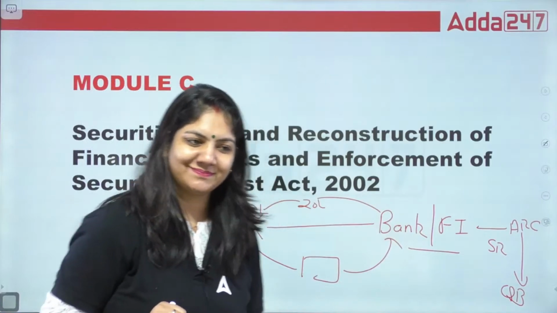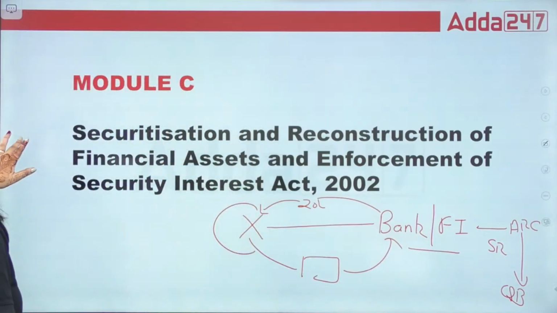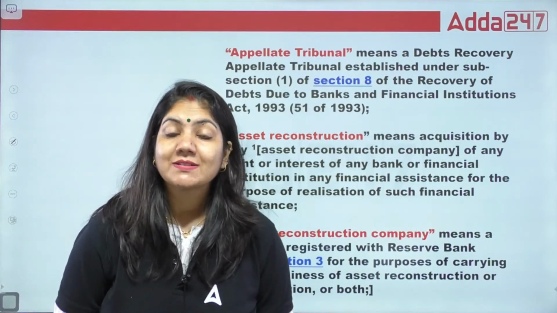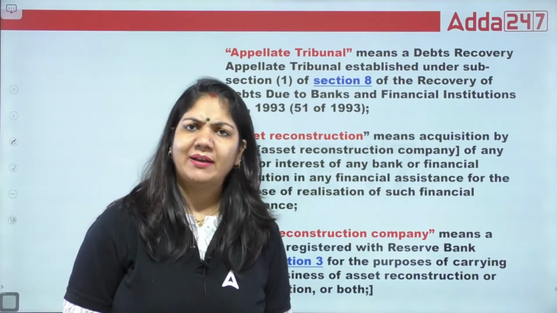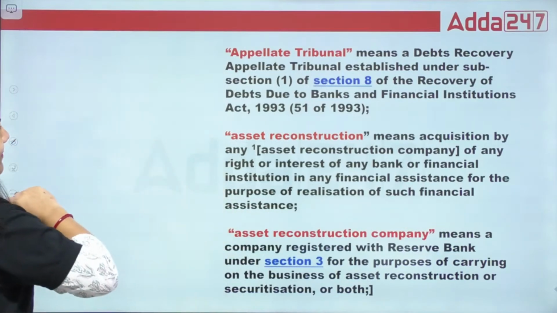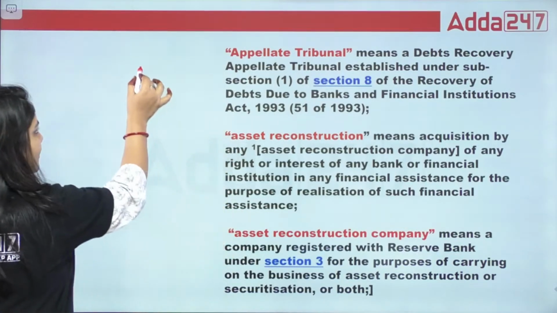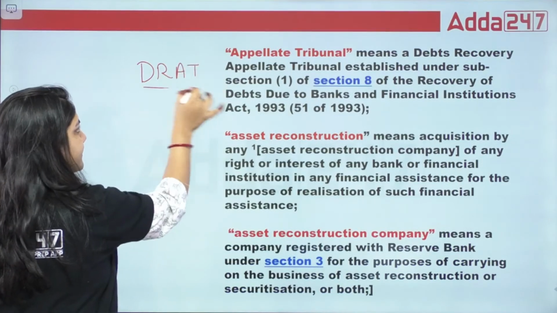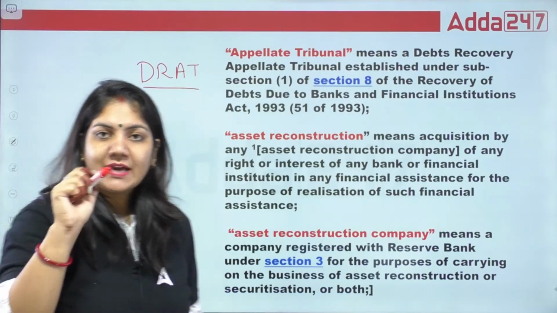Now let's start with the definition terms of Surface. First is appellant tribunal. What is appellant tribunal? Appellant tribunal is basically DRAT. In the DRT Act, what have we read?